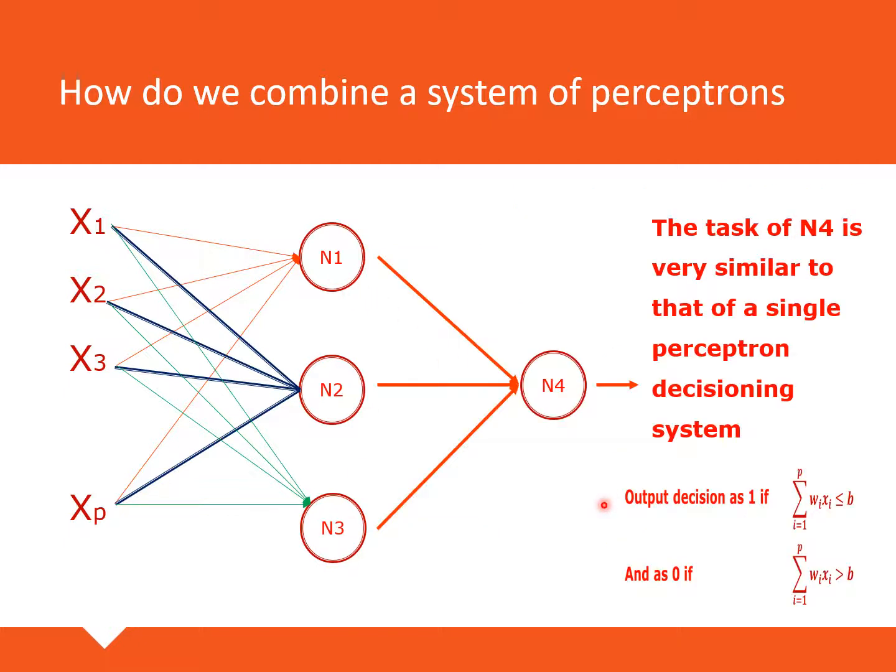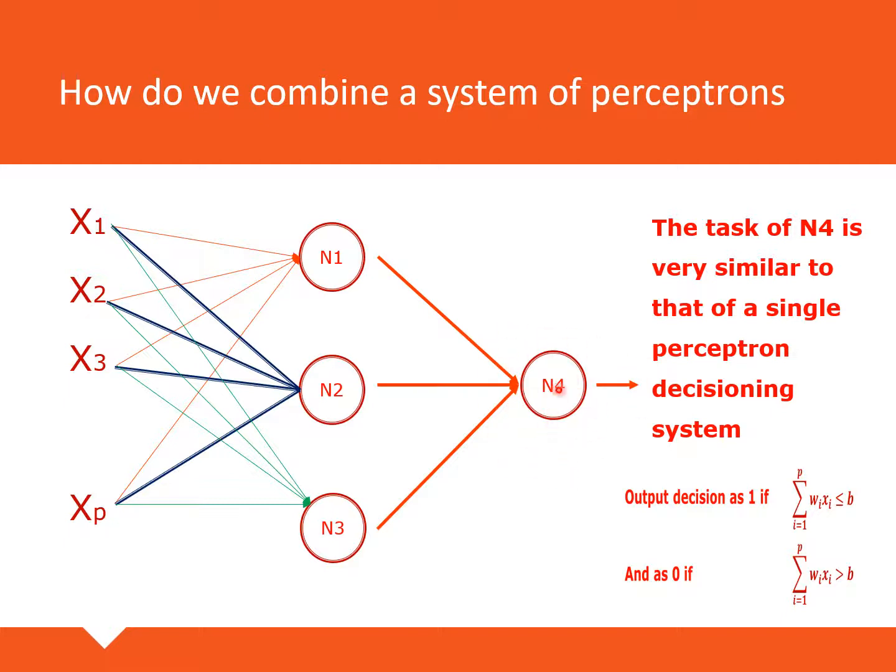Now, if there are three perceptrons or three neurons out here, each one doing a decisioning of this nature, then our purpose is still not solved, right? Because at the end of all this, we want one single decision. We don't want three decisions. So very conveniently, we put in another perceptron here.